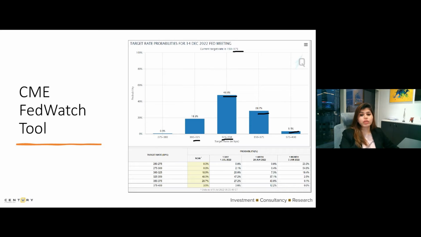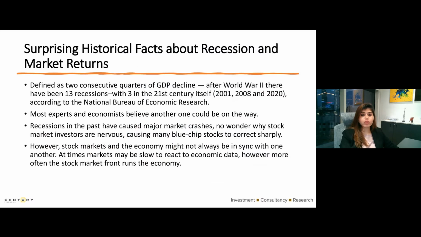And because of these rate hikes, we have started seeing recession fears. Now, I've been talking so much about recession. What exactly is recession? Can anyone share what, according to you, is the definition of recession?